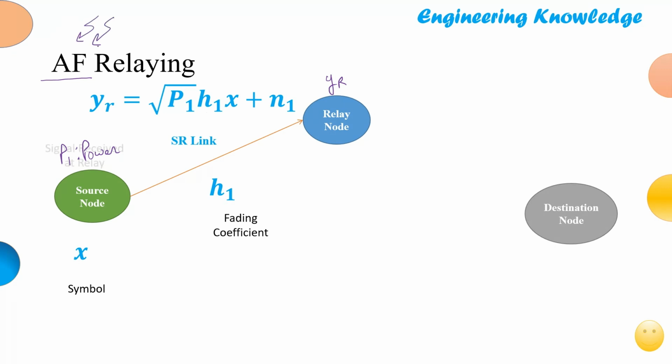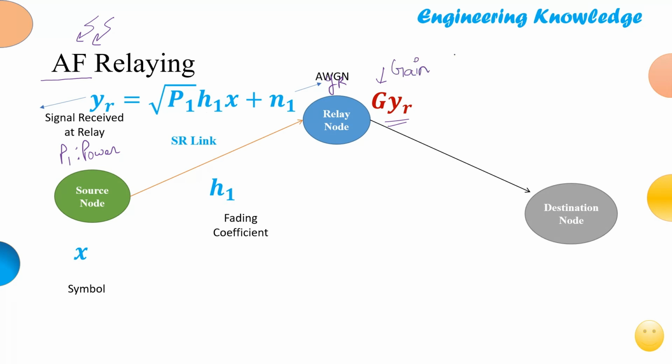This is the signal received at the relay node, and this is the AWGN component. So what the relay will do is take this signal received at the relay node and provide it some amount of gain. Depending on what gain it provides, there are multiple variants of amplify and forward relay.